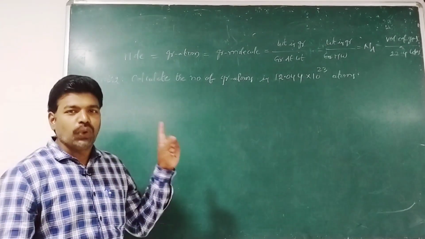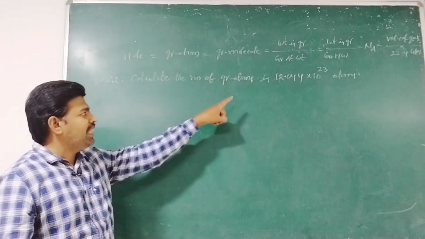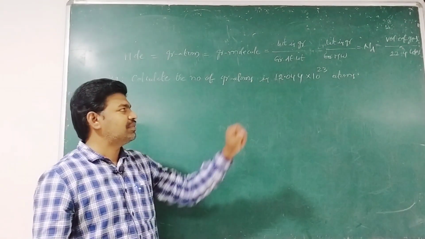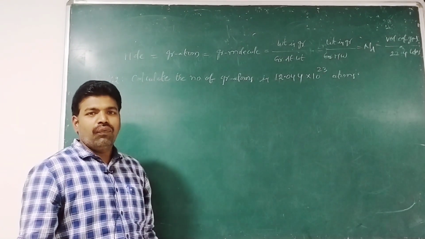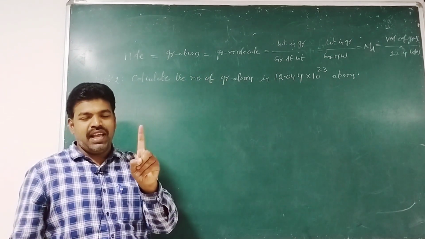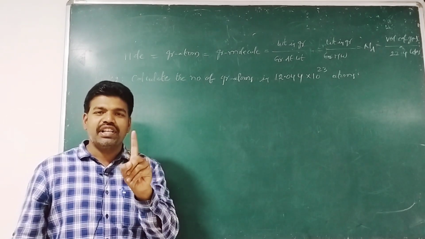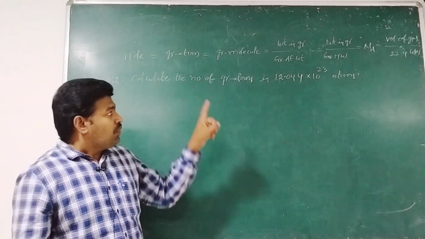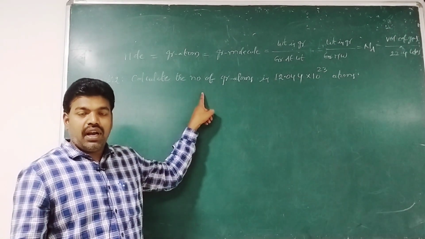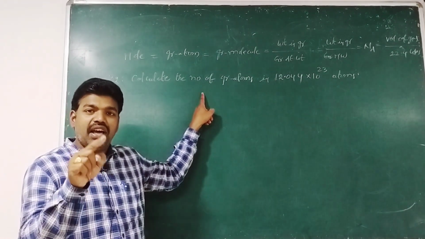Problem 2 is: calculate the number of gram atoms in 12.044 into 10 to the power of 23 atoms. We know gram atom is equal to 1 mole, and 1 mole contains 6.023 into 10 to the power of 23 atoms. From the problem you should understand what is given and which formula is to be applied.